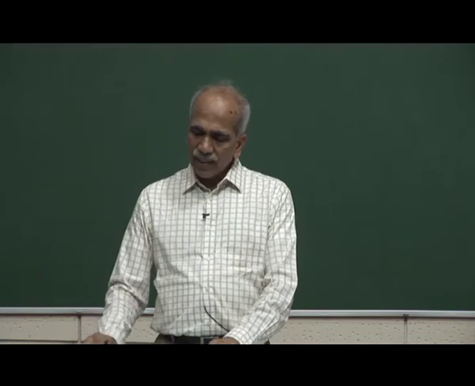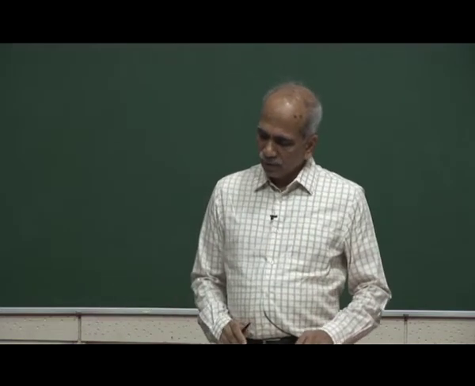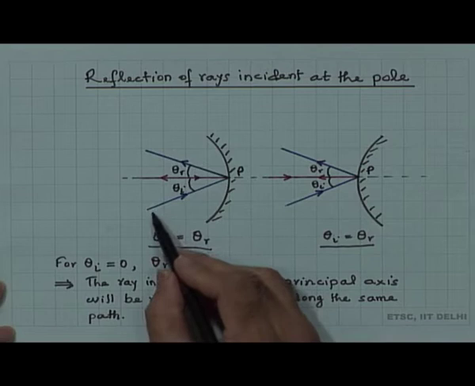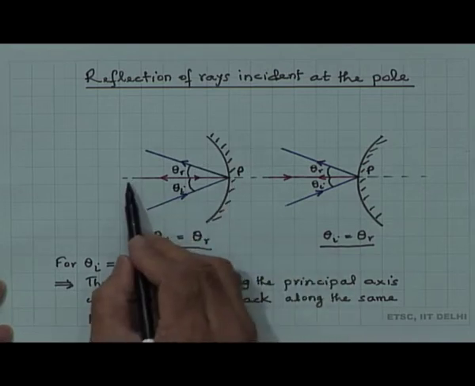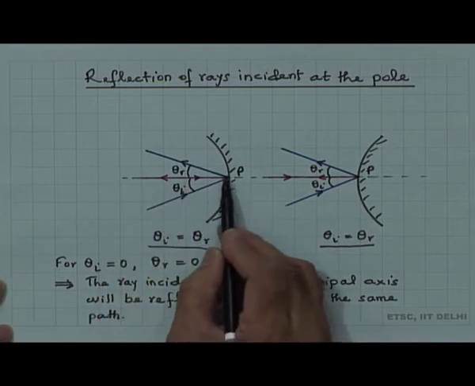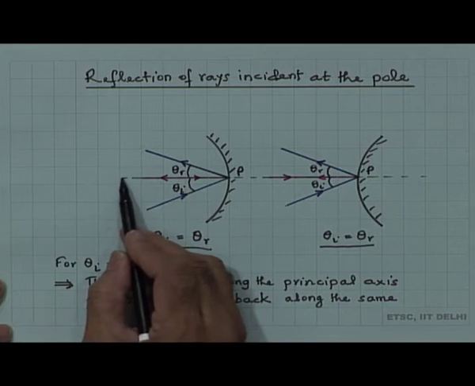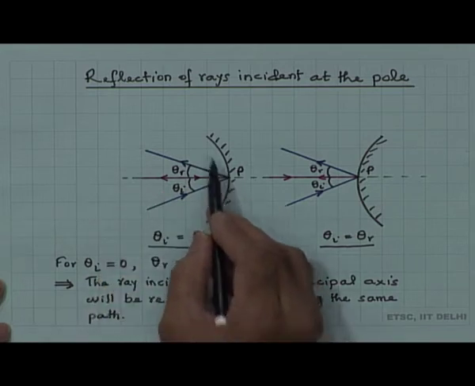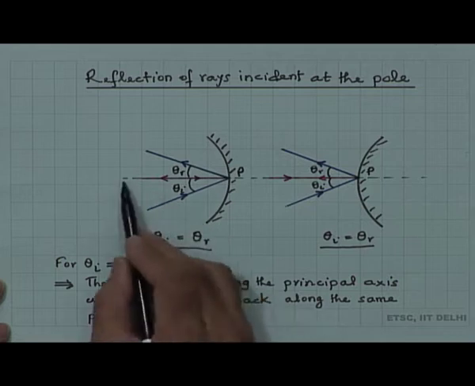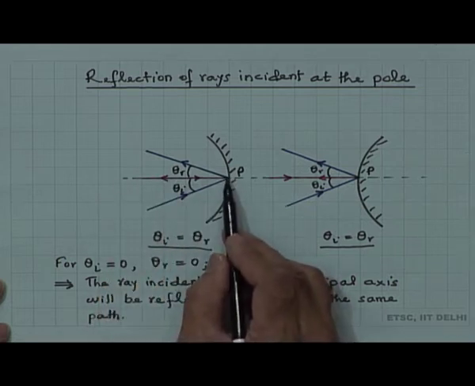Reflection of rays incident at the pole. So, an incident ray at the pole, as before, this is the normal, because the line joining the center of curvature to any point on the circumference will be normal at that point.